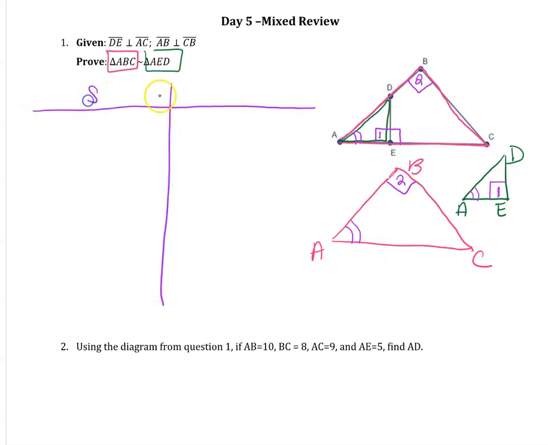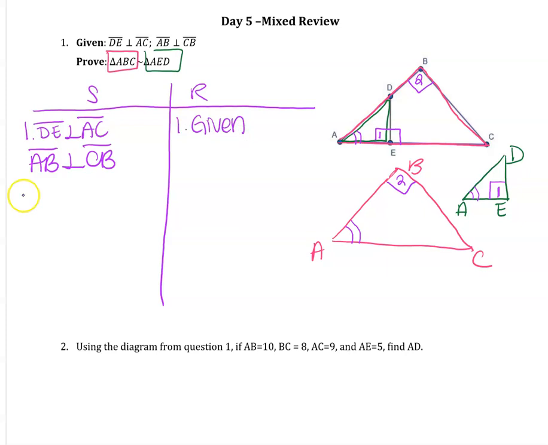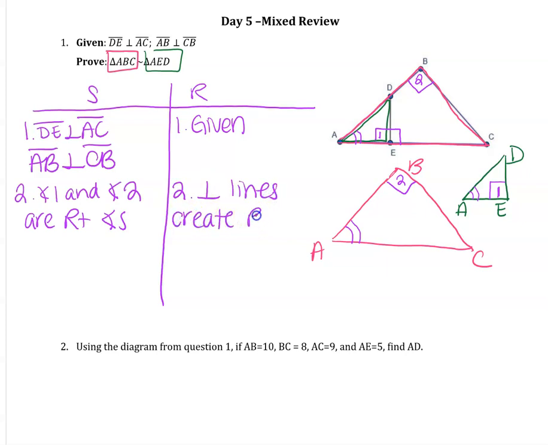So remember, we set up our statement and reasons chart, and we write down our givens at step 1. Now, the first thing I should say about angles 1 and 2 is that they are right angles, and that's because perpendicular lines create right angles.